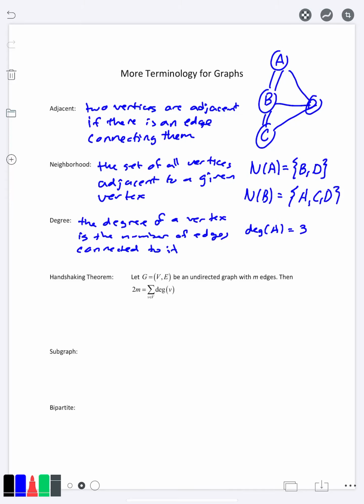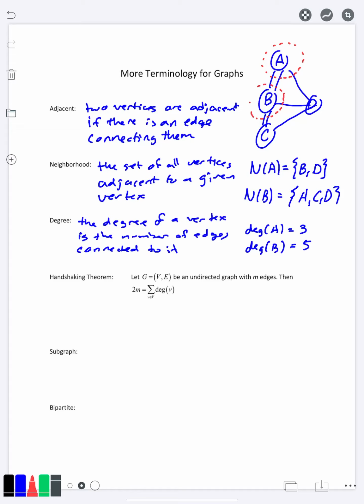And the idea is, you can imagine trying to draw a circle around the vertex and ask yourself, how many edges does it cross? It crosses 3 of them. And on the other hand, the degree of B would be 5, because it crosses 5 edges here.